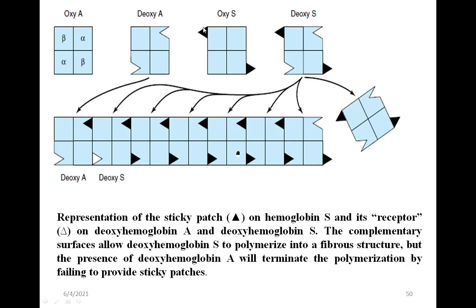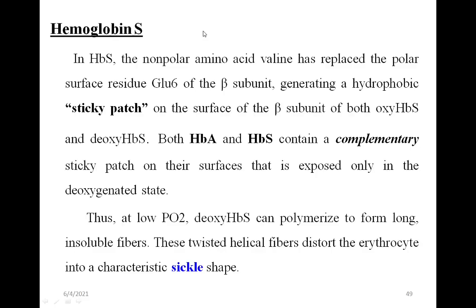As I have already mentioned, the sticky patch occurs on the surface of the beta subunit, because valine replaces the glutamic acid in oxy and deoxyhemoglobin S. Once it is replaced in the beta chain, it becomes S hemoglobin.